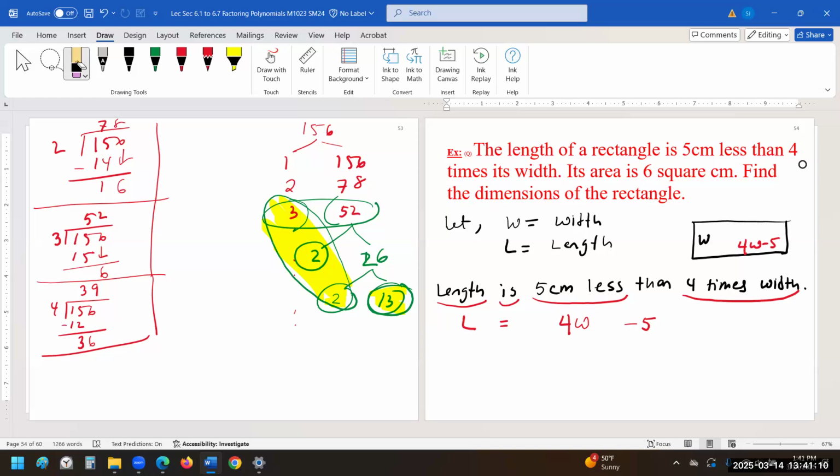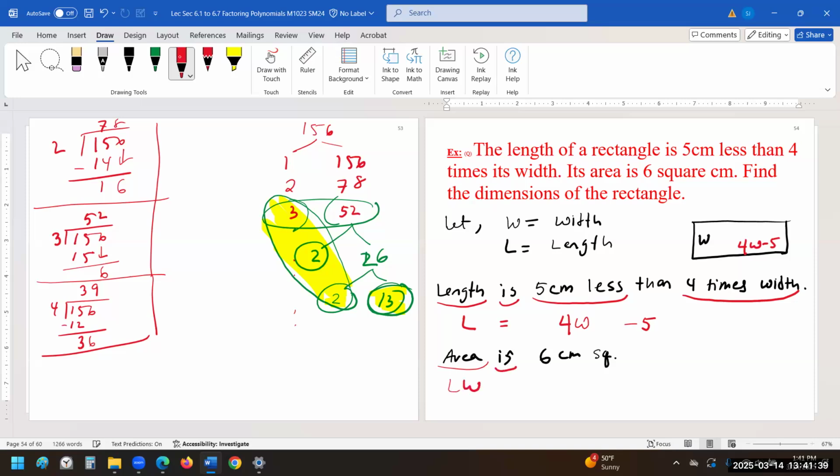Its area is 6 centimeter. So let's write this down. Area is 6 square centimeter. This is centimeter square. So area. What is area? Length times width.